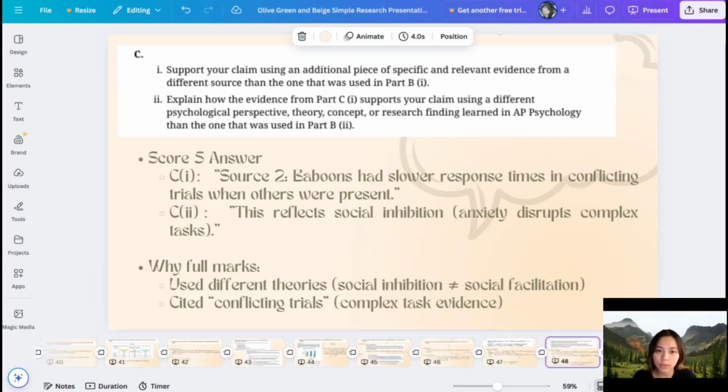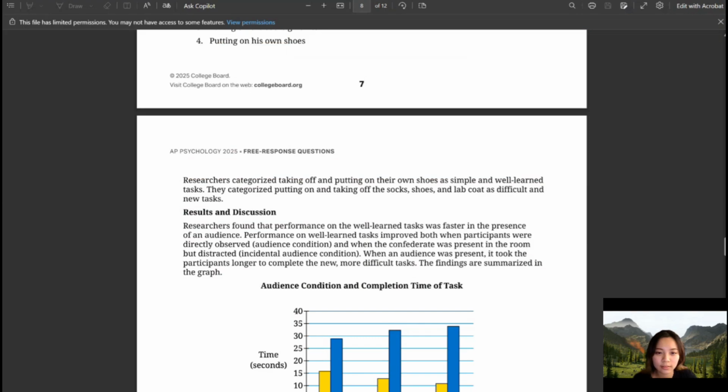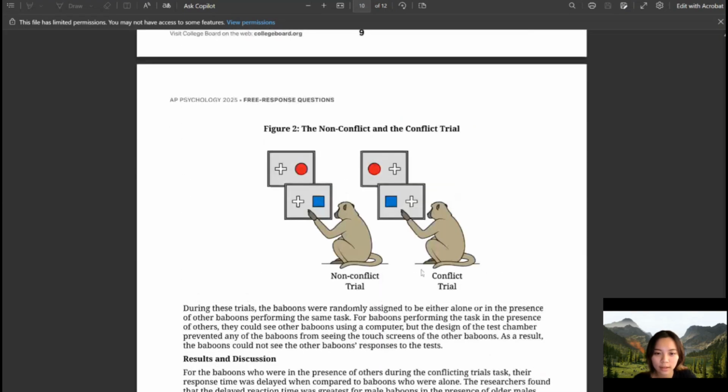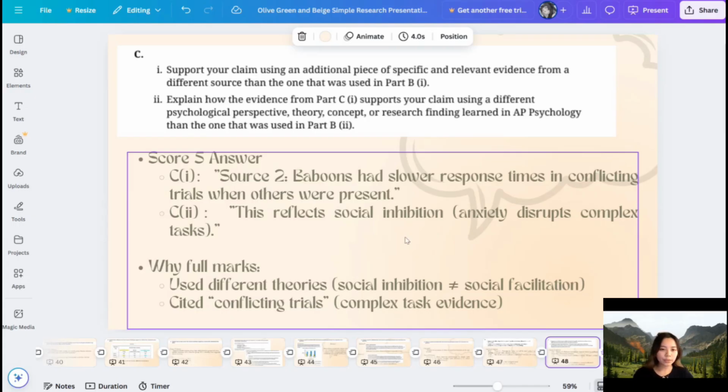Just in case you don't know, a baboon is a monkey, like this guy. Source 2: baboons had slower response time in conflicting trials when others were present. This is really similar to the summary I made at first, right?